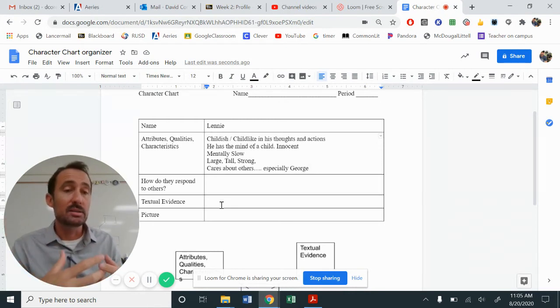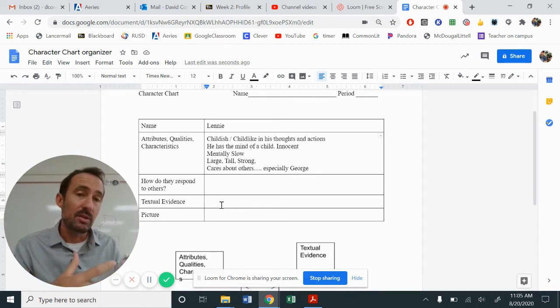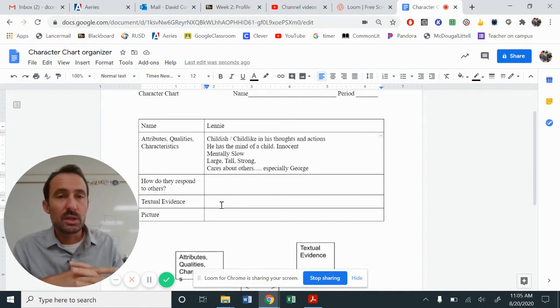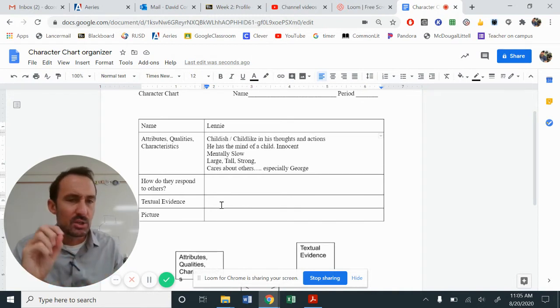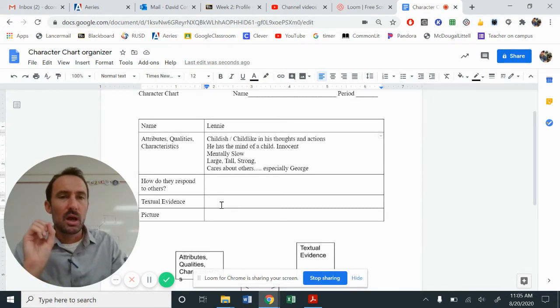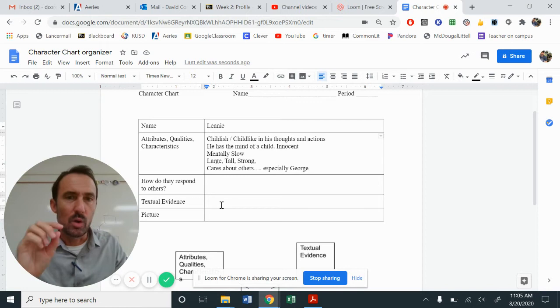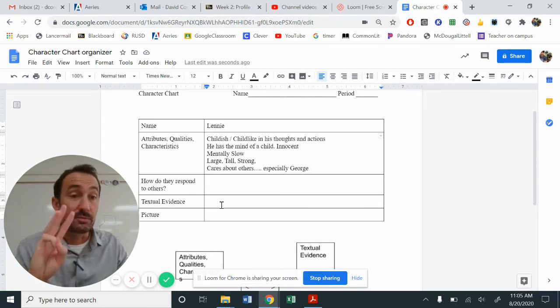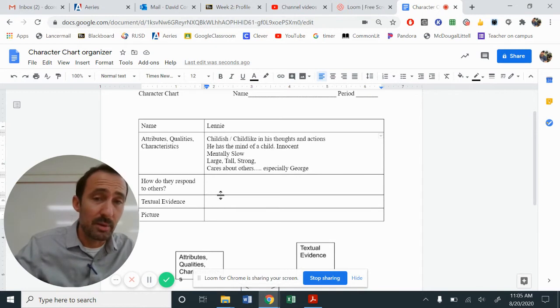And George, out of the kindness of his heart, takes care of him once Lenny's family has passed away. So looking at their attributes: he's childish. He's got the mind of a child. He's mentally slow. He doesn't process things well. He's very tall. He's large. He's super strong. Okay. He does care about others.